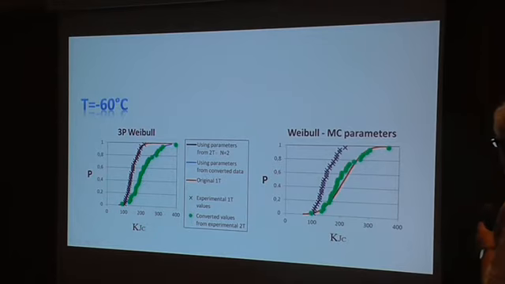And this situation is common for temperatures higher than T0, including temperatures that have a delta T lower than 50 degrees centigrade, that is the limit imposed for the master curve.